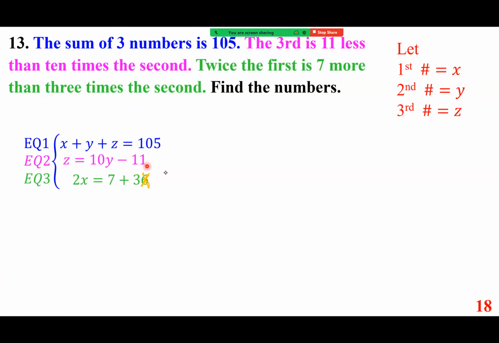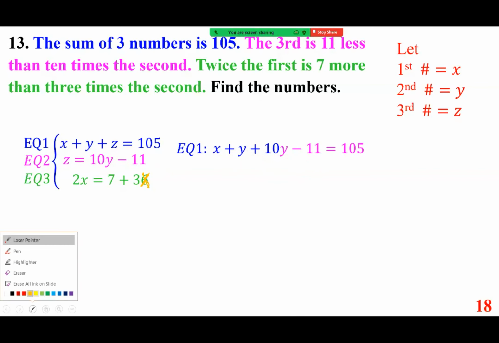If I just use a mixture of substitution and addition, I replace the Z with 10Y minus 11. What happens when I'm done, it has only X and Y. So this is X, this is 11Y, and move this to the other side, becomes positive 11, and 105 is 116.